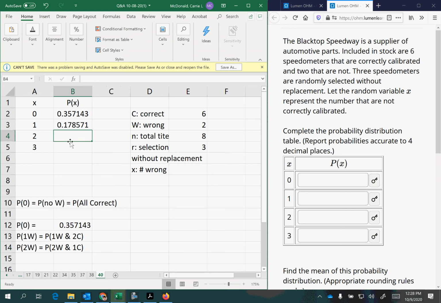So that's equal to wrong 2 out of 8 on the first, and then I have 1 wrong left out of 7. Then I have 6 correct left out of 6 remaining. And finally, the probability that 3 are wrong.